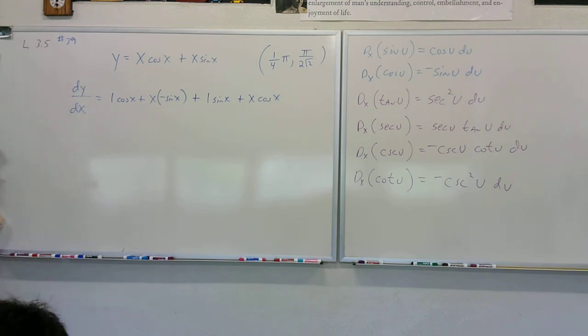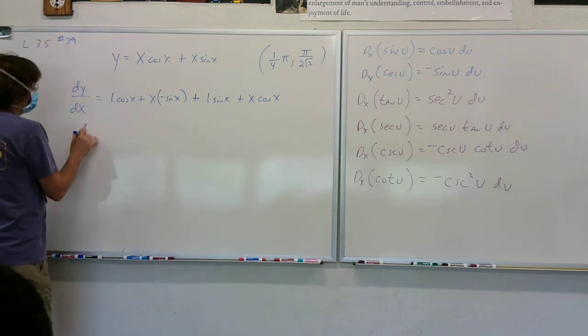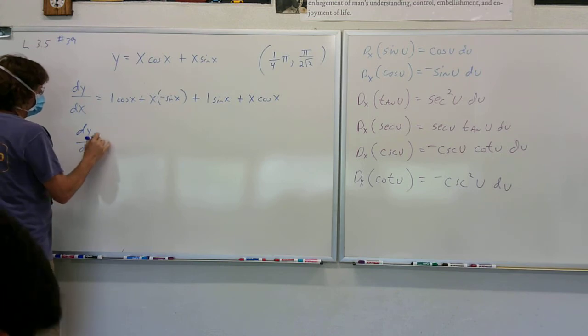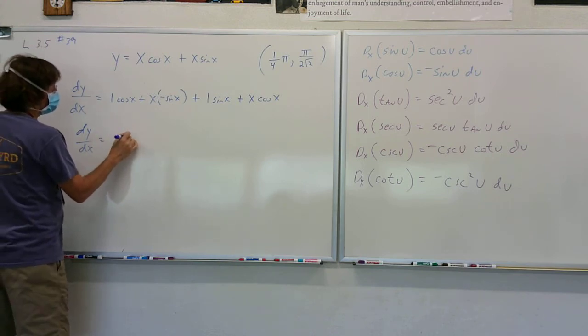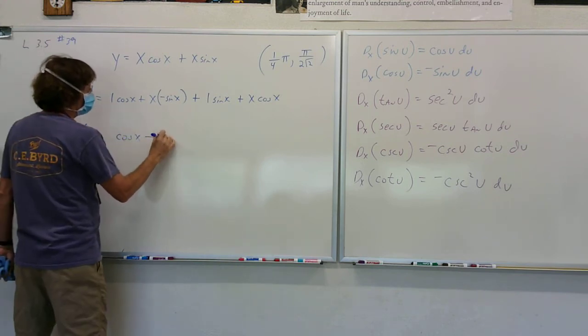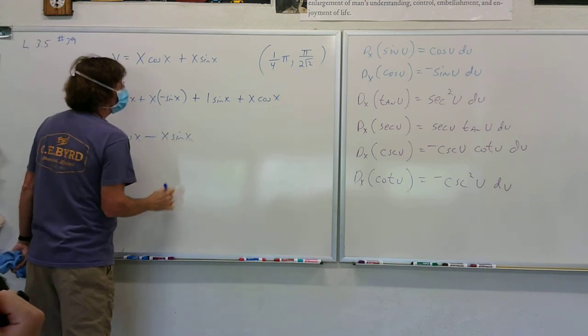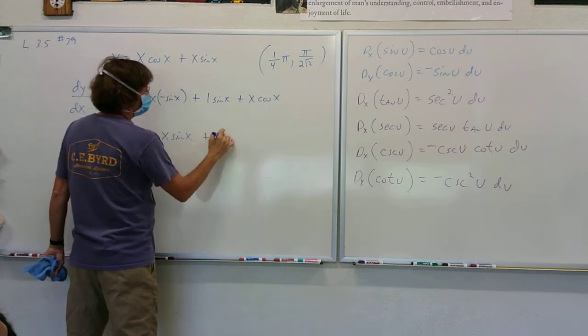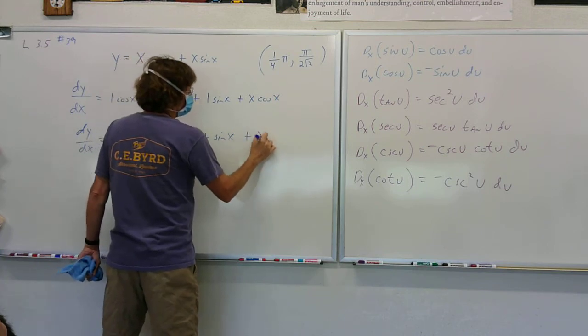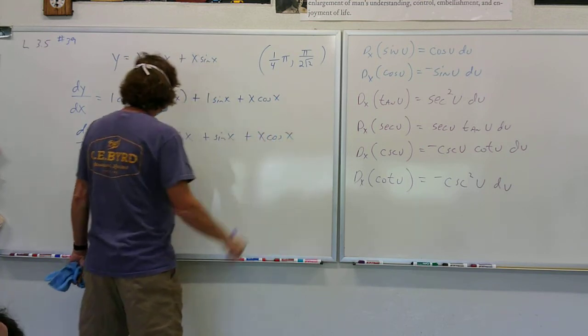You know, you're looking at it going, please let something add out or subtract out. I'm going to write that a little bit neater. dy over dx equals cosine x minus x sine x plus sine x plus x cosine x.